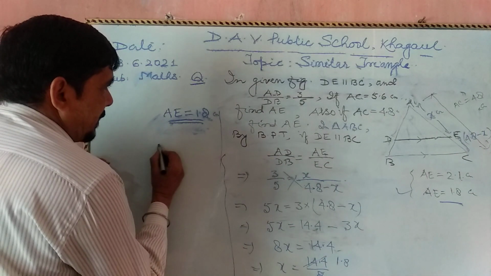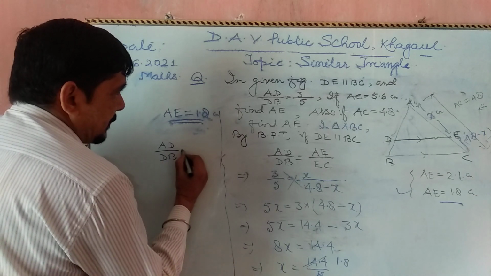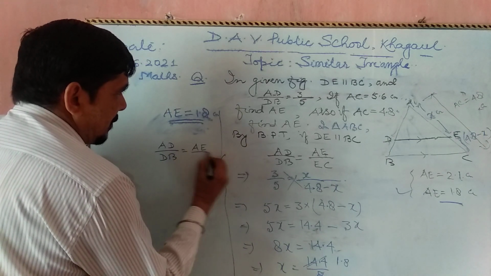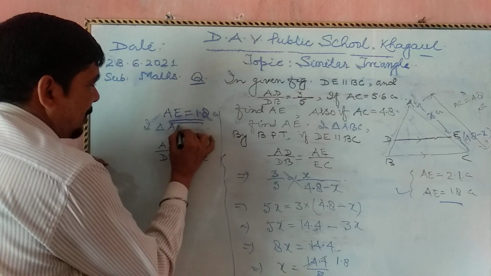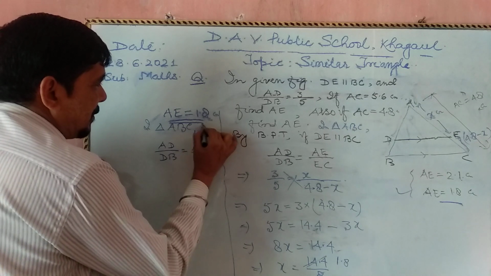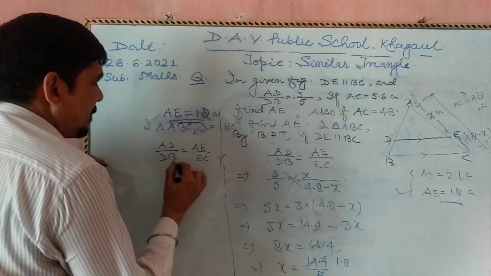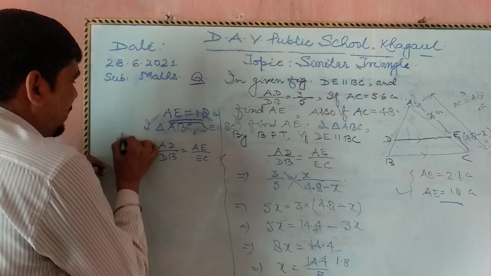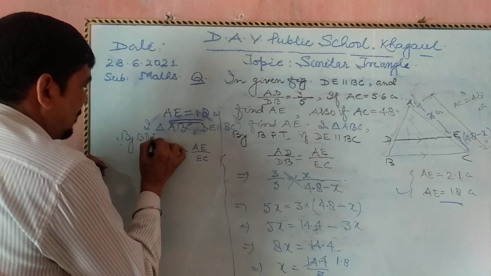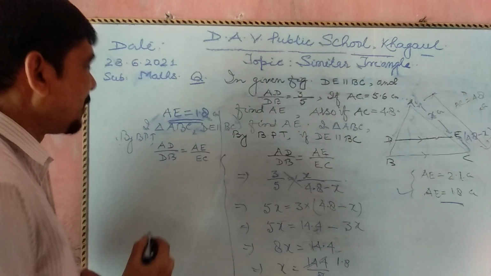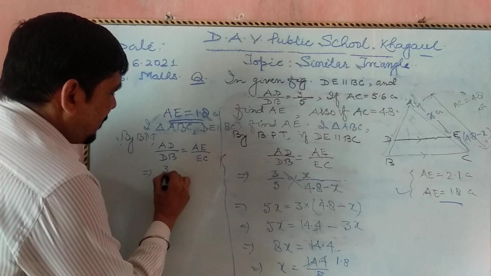Now the same relation will be here. AD by DB is equal to AE by EC. In triangle ABC, DE is parallel to BC. It is given. Therefore by the BPT theorem, we get AD by DB is equal to AE by EC. Now put AD by DB as 3 by 5.